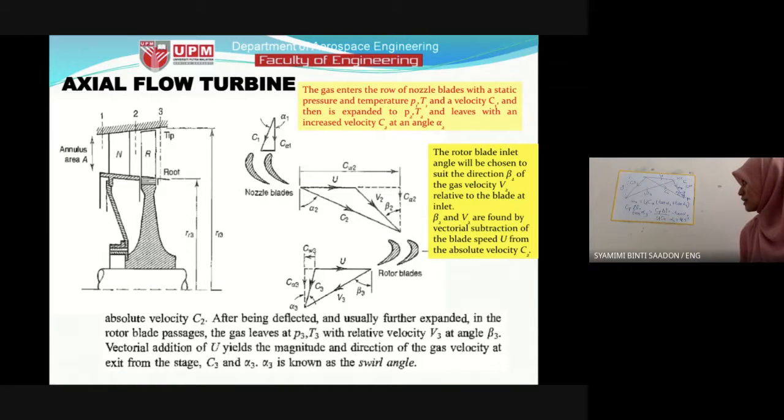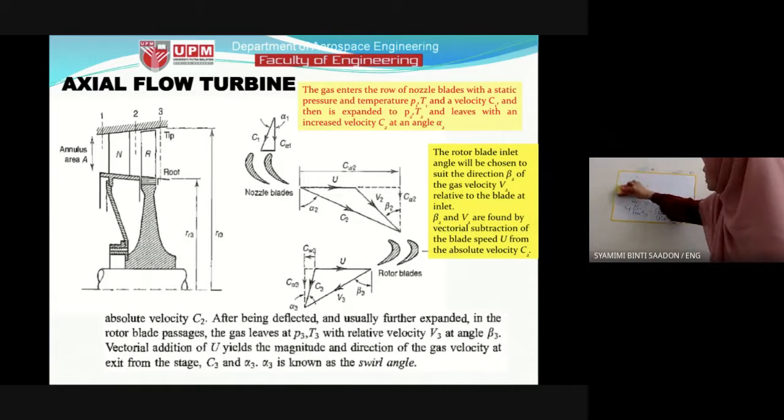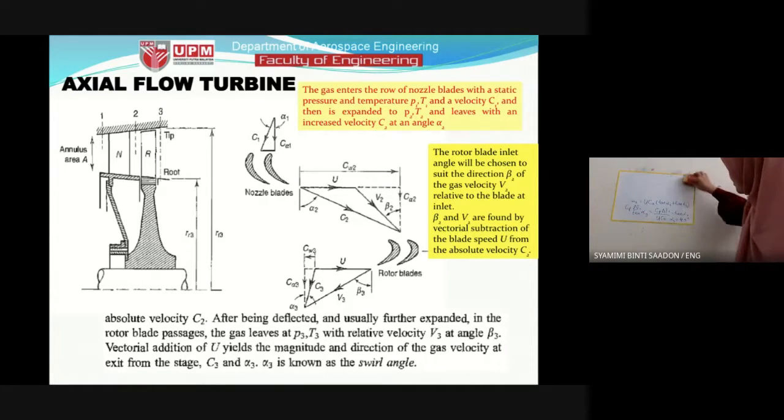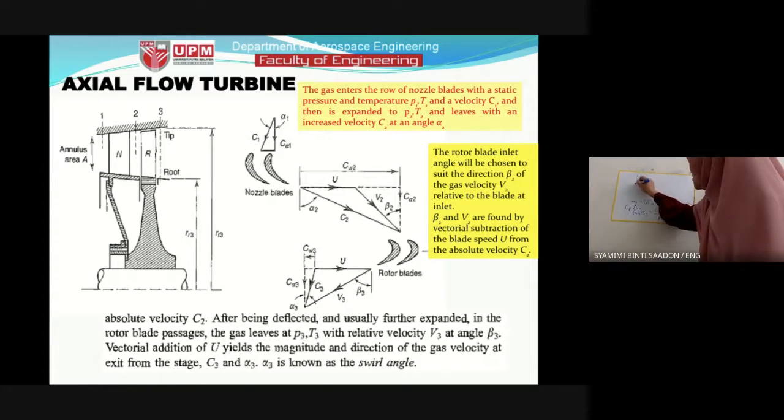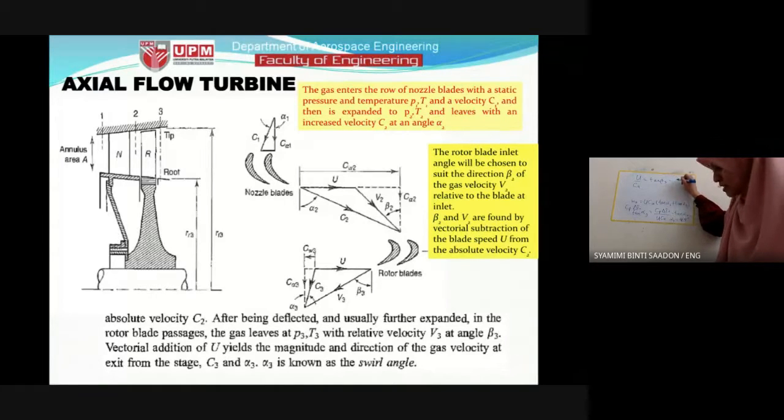Last is beta 3. The same, you use the UCA. So UCA, this time that links alpha 3 and beta 3, tangent beta 3 minus tangent alpha 3.